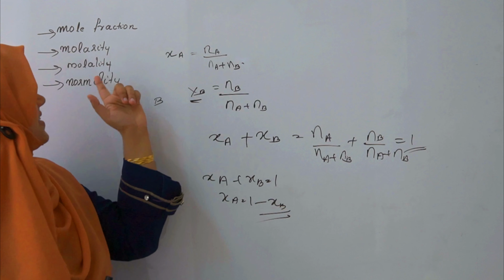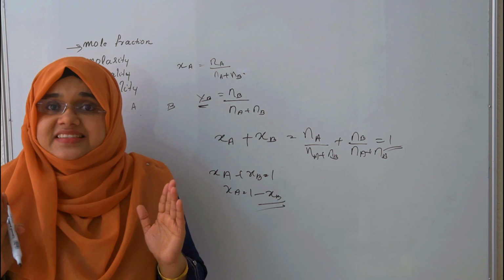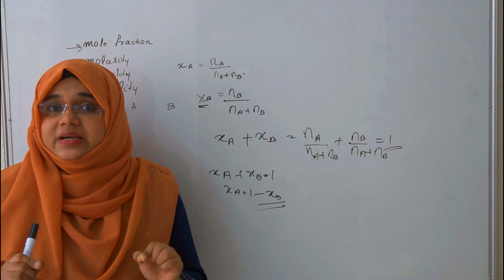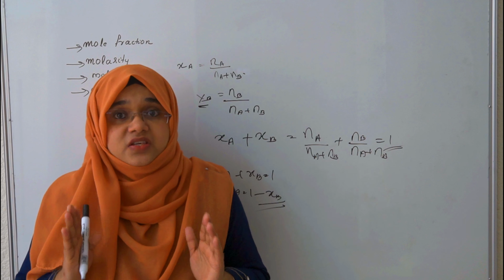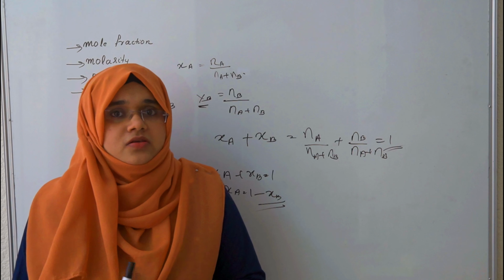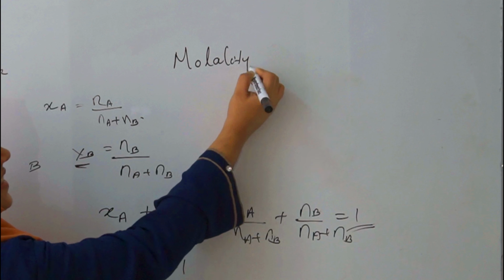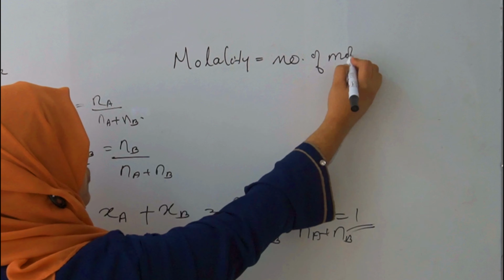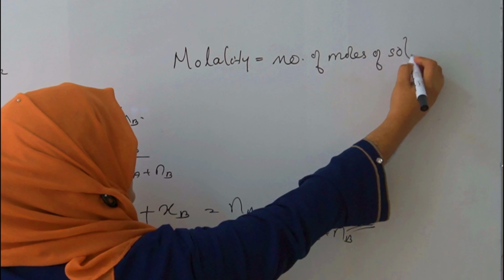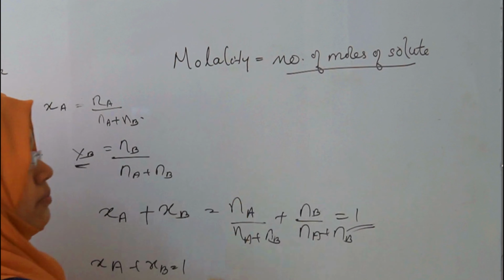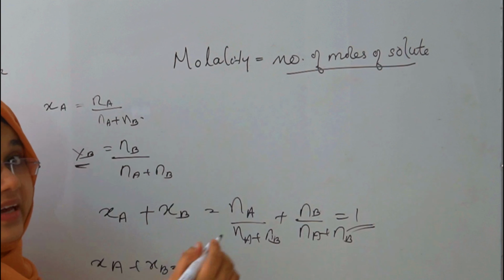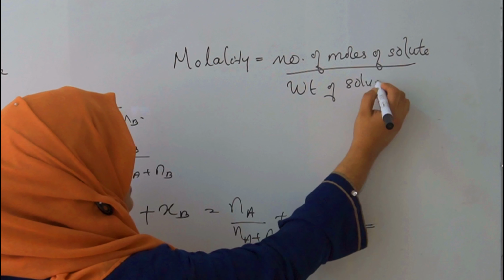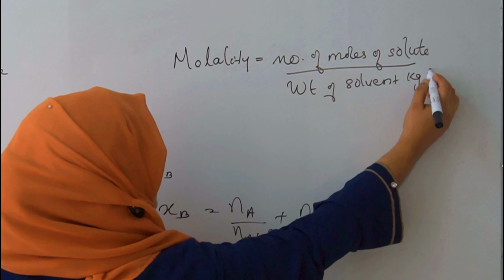Molality is the number of moles of solute divided by the mass of the solvent in kilograms. It should be in kilograms.